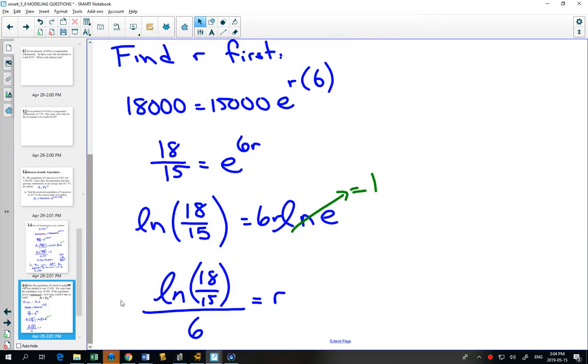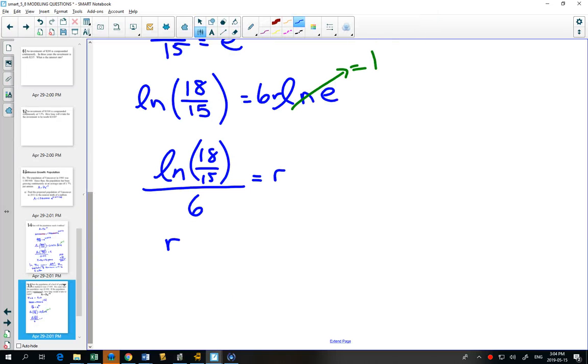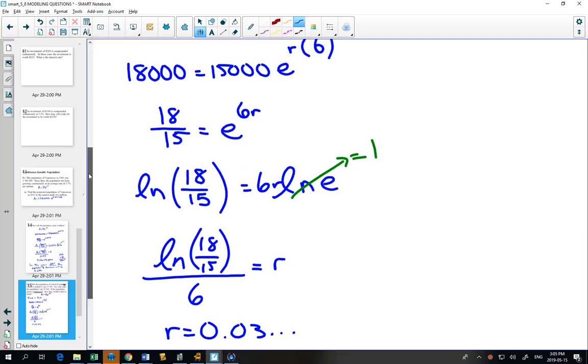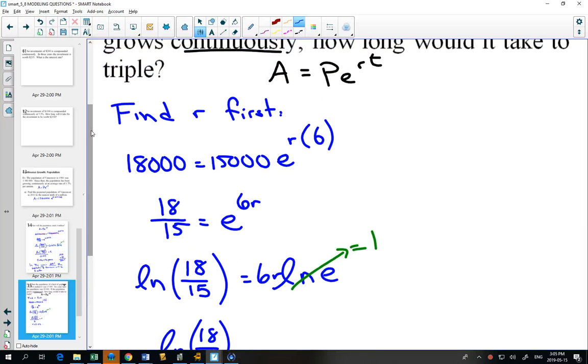And so often I will write just dots after that to say I'm keeping all of the decimal places for later. And now we can find t. If we wanted to triple, we could use any number here.